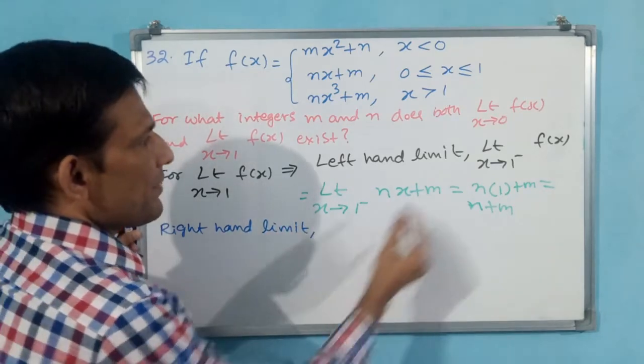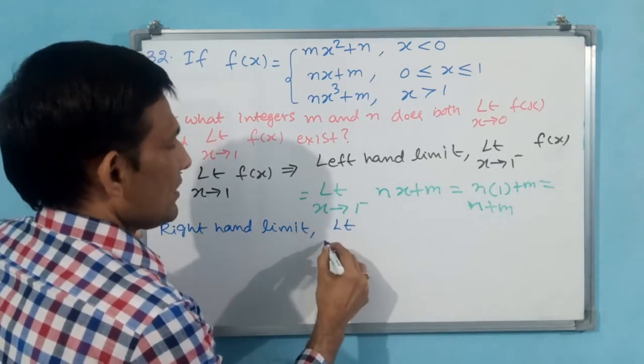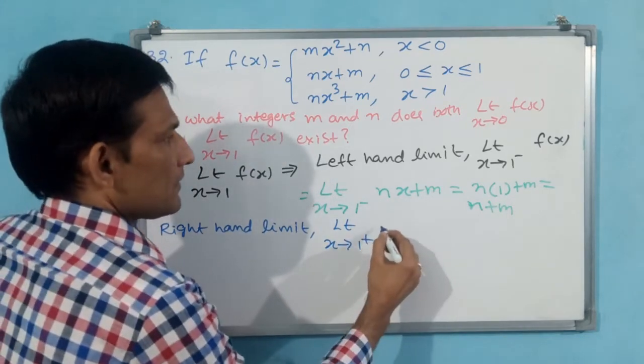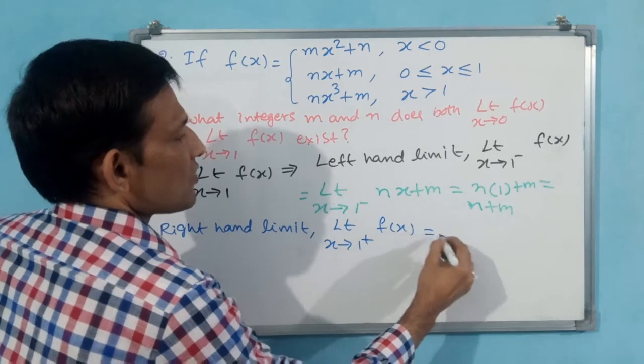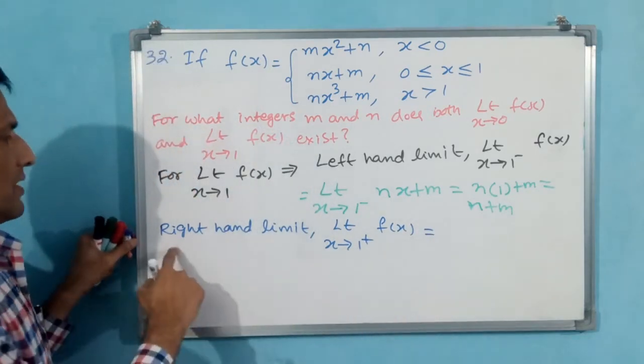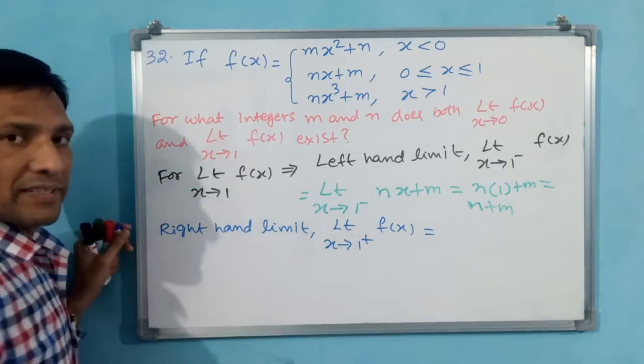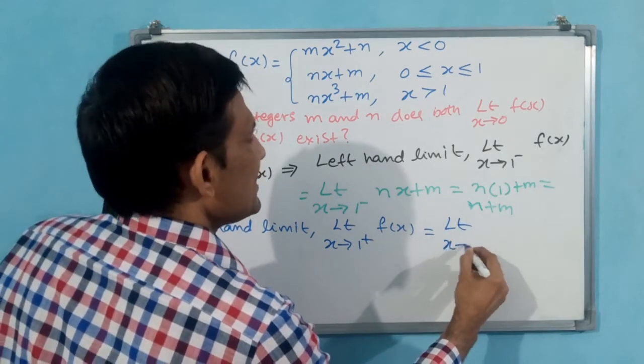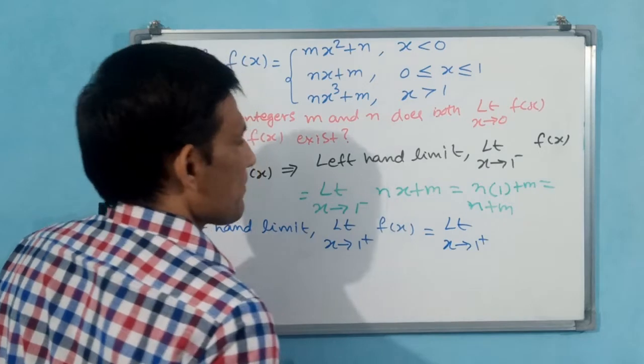Right hand limit: limit x tends to 1 plus f of x is equal to limit x tends to 1 plus f of x. Write down again.